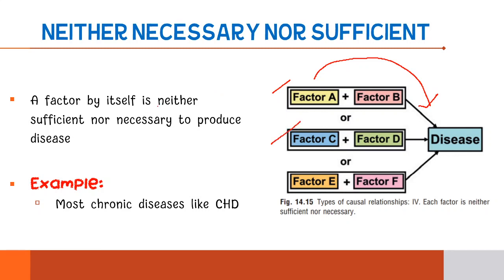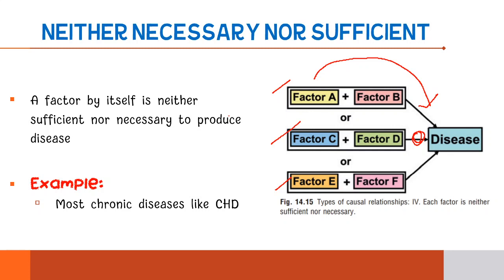Si factor C and si factor D, which is another type of factor, could still lead to the disease. Si factor E and si factor F, again, another set of factors could still cause the disease. And that is why it is neither necessary nor sufficient.